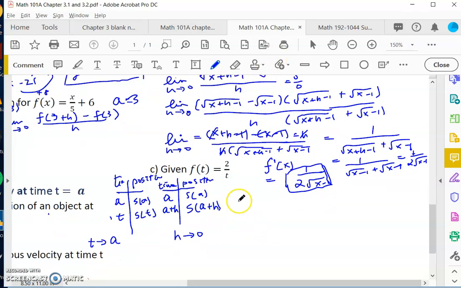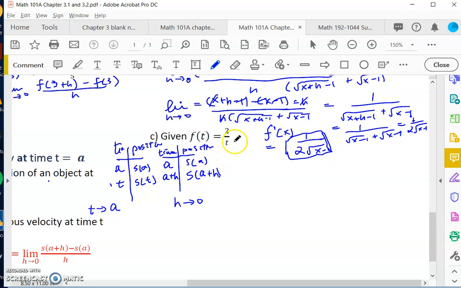So the C part is the function f of t equal to 2 over t. We want to find f prime of t. So see if I can finish this. You do the same thing. You would do the limit as h approaches 0 of f of t plus h minus f of t, over h.